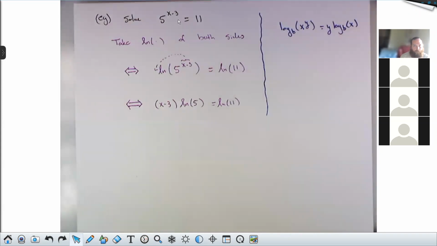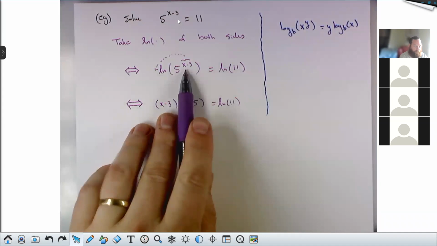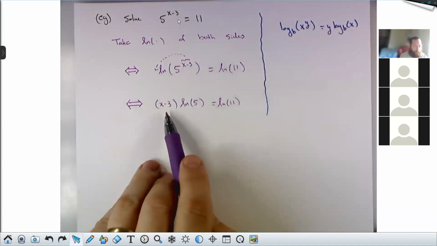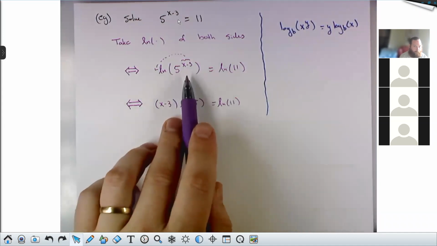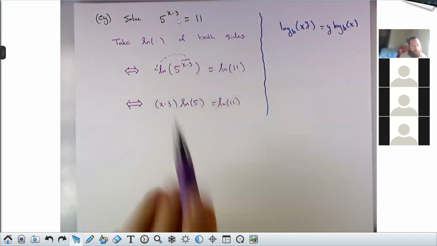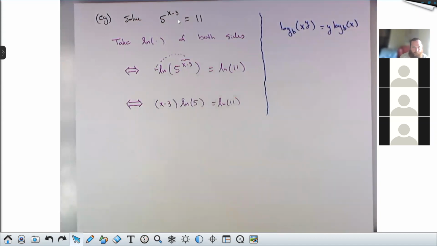All right, you can always bring a power inside the logarithm down in front. You do want to make sure that you put this whole thing here in parentheses, because this whole thing was the power, which means this whole thing is multiplying ln 5. Easy mistake to make, forgetting those parentheses.